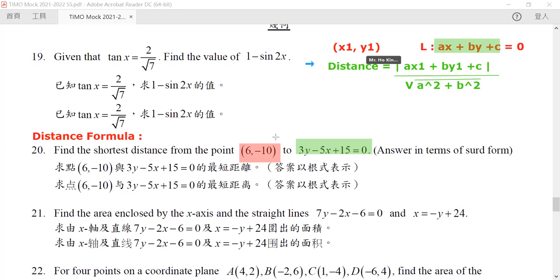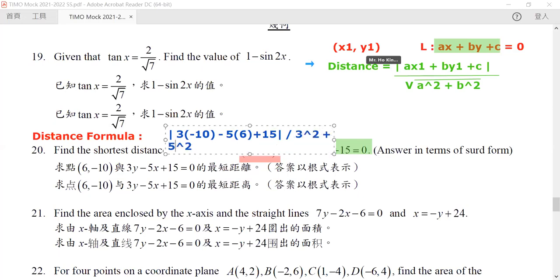Okay, now let's apply this in here. So our equation here will be equal to the absolute value of 3 times negative 10 minus 5 times 6 plus 15, the absolute value of this, divided by the root of 3 squared plus negative 5 squared.